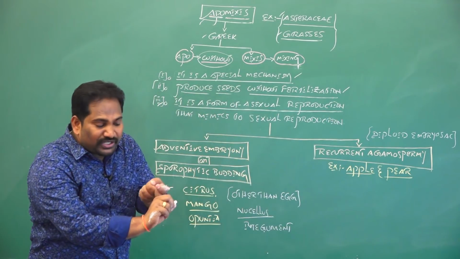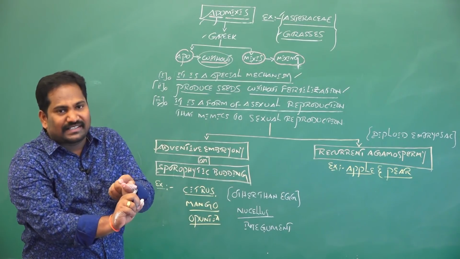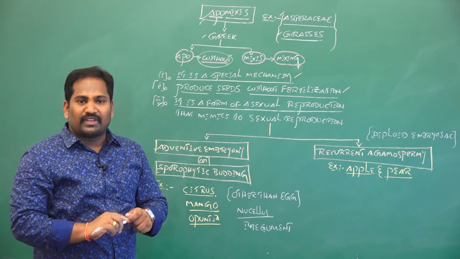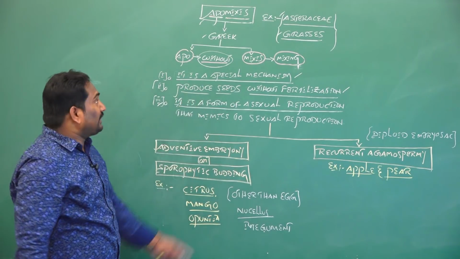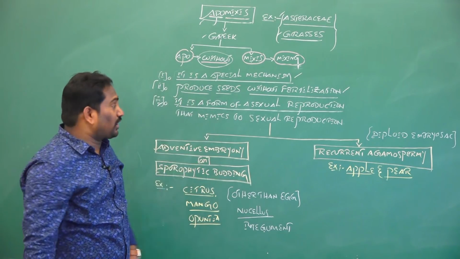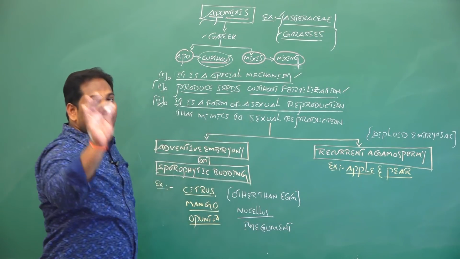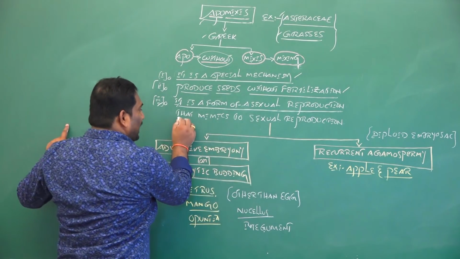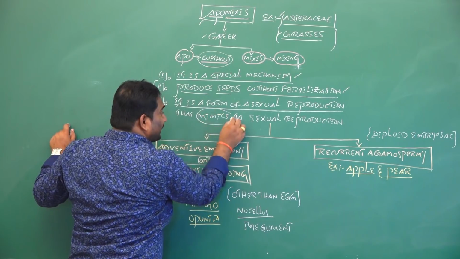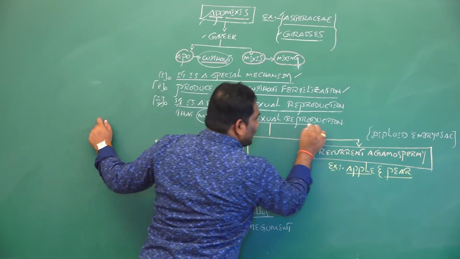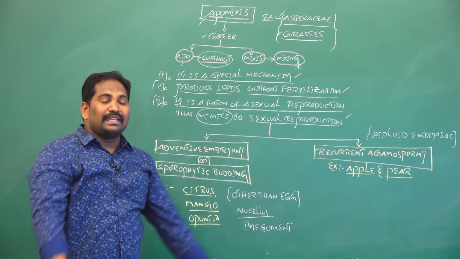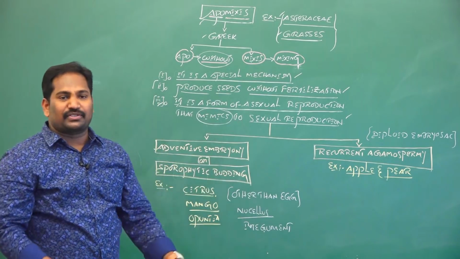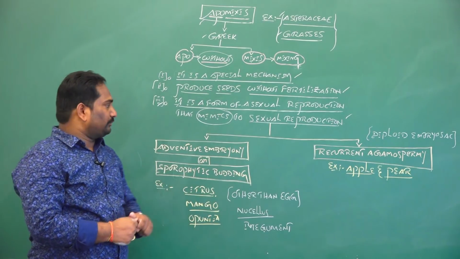If there is a fusion of male and female gametes, it is called sexual reproduction. Without fusion of male and female gametes, it is called asexual reproduction. So apomixis is not sexual reproduction, it is asexual reproduction. But in plants, it mimics sexual reproduction.